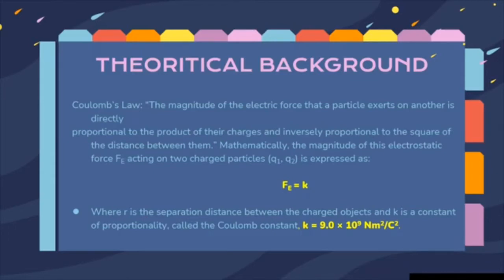Mathematically, the magnitude of this electrostatic force Fe acting on two charged particles Q1 and Q2 is expressed as Fe equals K Q1 Q2 over r squared, where r is the separation distance between the charged objects and K is the constant of proportionality called Coulomb's constant, which is K equal to 9 times 10 to the power of 9 newton meter squared per coulomb squared.